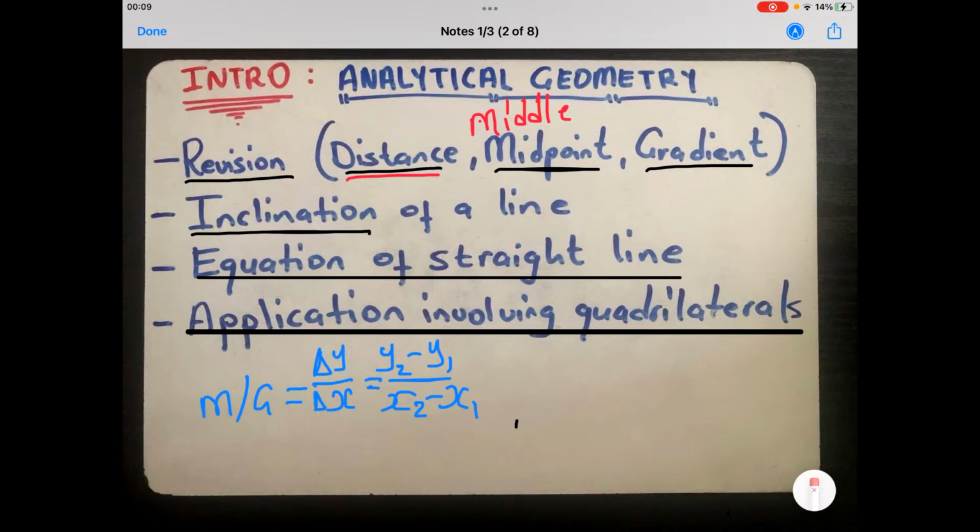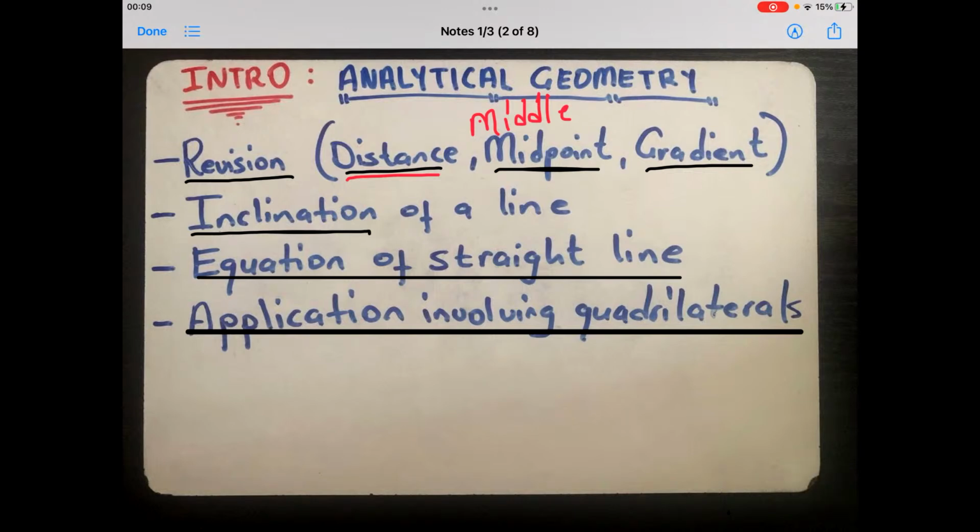I will just remove all of that. I'm hoping to complete this in less than 30 minutes. I realize we have gone for about 10 minutes. So, inclination of a line. Let me check what I've got on my next slide.